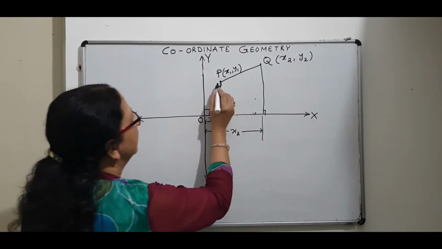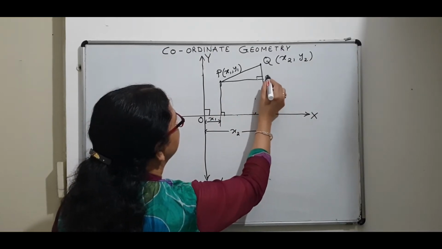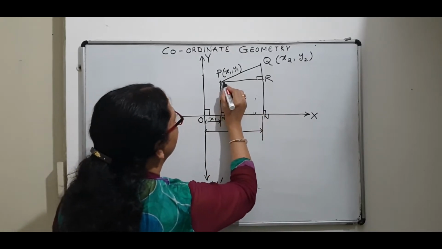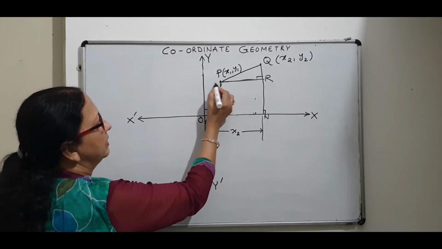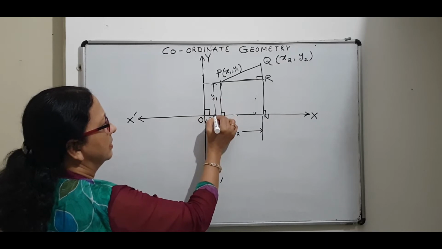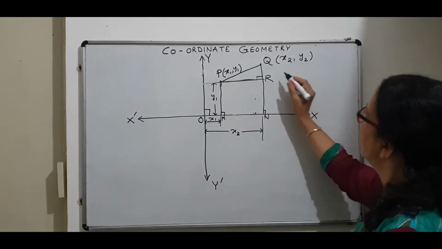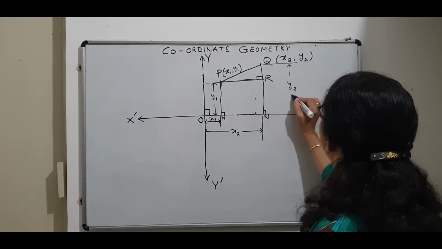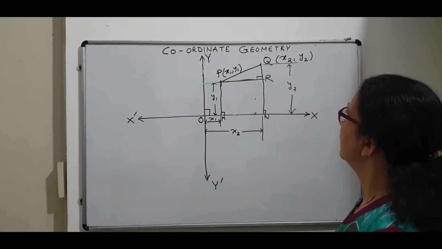And similarly, if I drop a perpendicular, say R, and say this is M or N. What will be y1? y1 will be this distance. This is your y1, that is how far it is from the x-axis, and similarly this one will be your y2. So this we know about the dimensions.